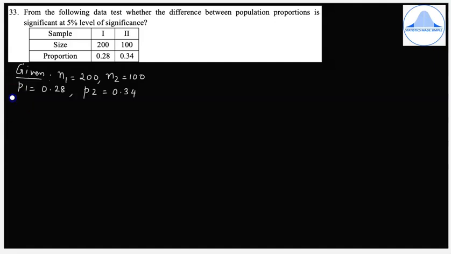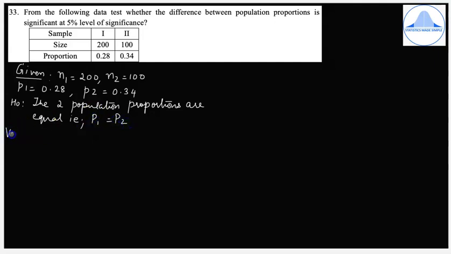Next, let us write H0. The two population proportions are equal. That is, capital P1 is equal to P2, versus the alternative hypothesis H1: P1 is not equal to P2.